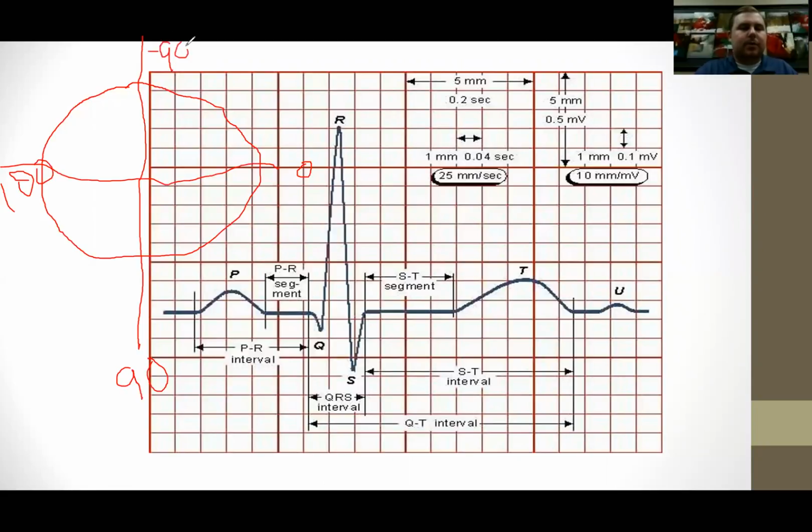Well, for normal axis, normal axis is going to sit from negative 30 down to 90. That's normal.